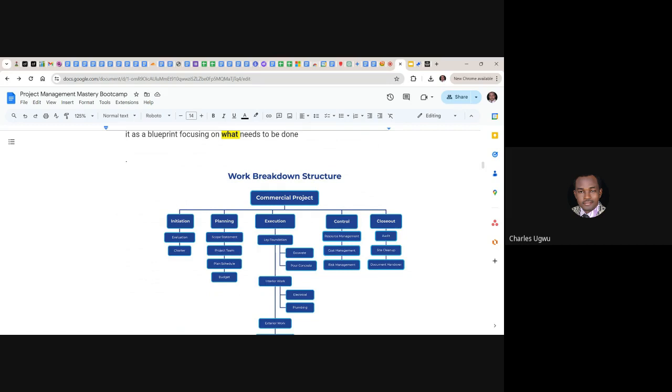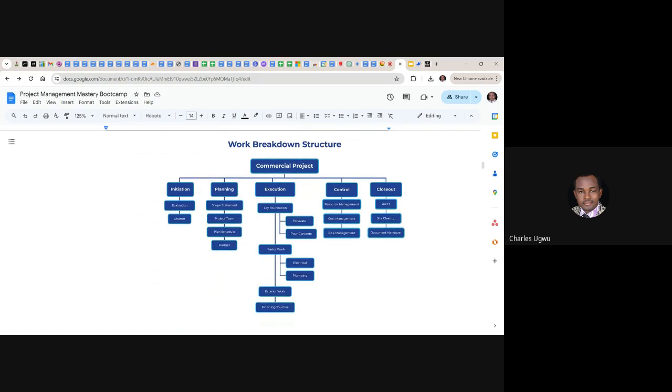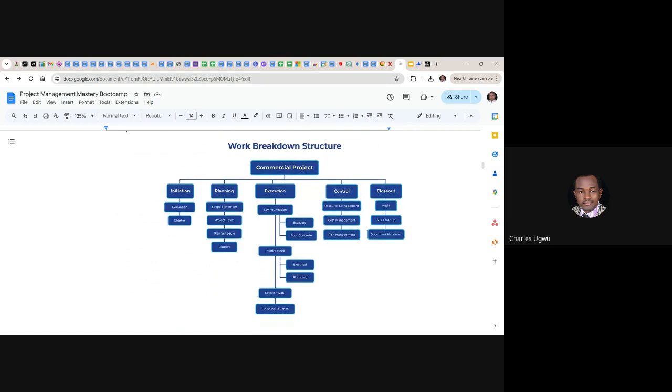See here, you see the initiate, the planning, the execution, the control, and the closure. These are various stages. When you come to the first stage, you follow the line of action. Within every stage, there are so many deliverables that need to be captured and delivered with different team members.